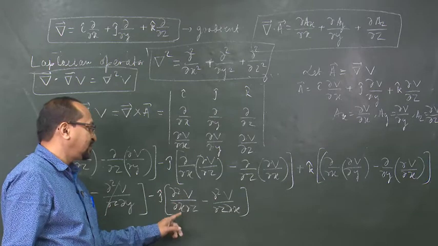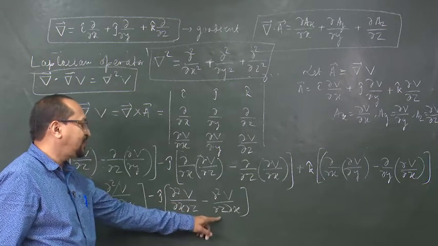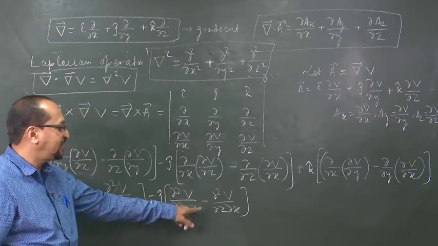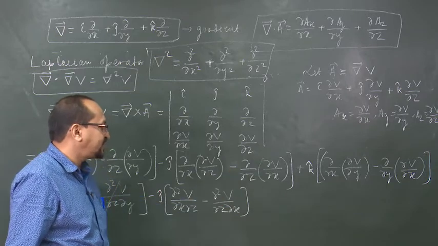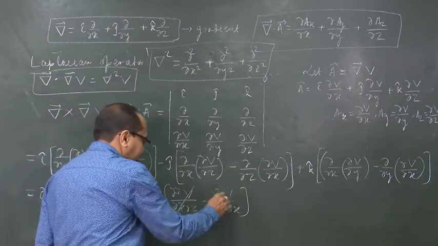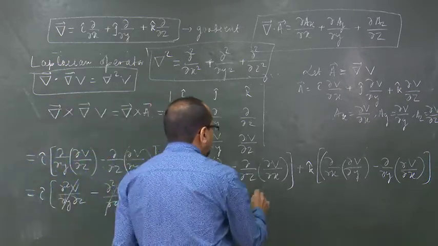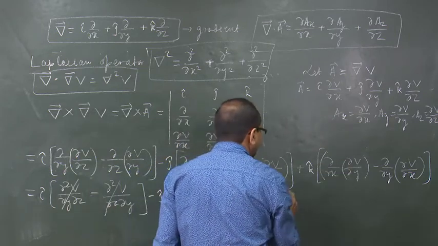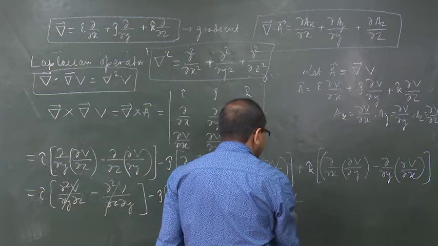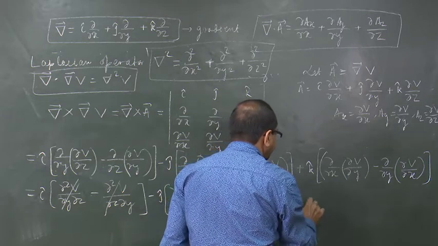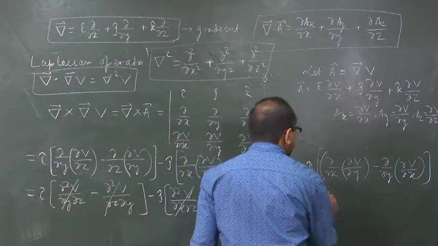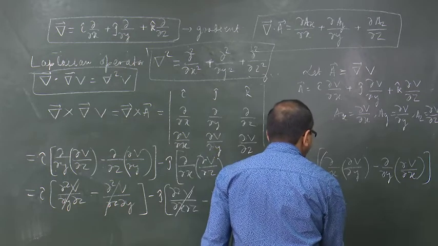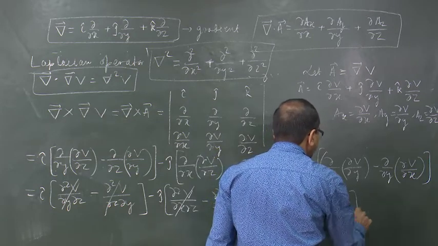Again these two terms are the same, del square v by del x del z and del square v by del z del x, so they cancel out. What is the third term now? Del square v by del x del y minus del square v by del y del x.